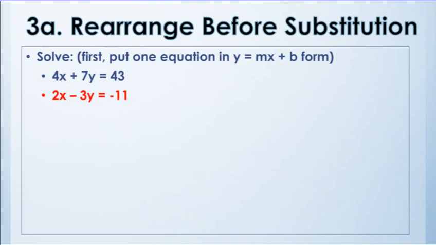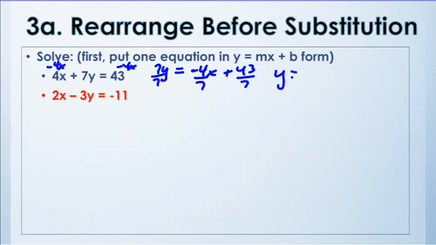I'm going to solve for y, so I need to subtract 4x on both sides. Now I have 7y equals negative 4x plus 43, divide by 7. So now I have y equals negative 4/7 x plus 43 sevenths.